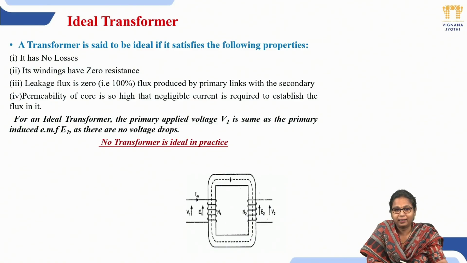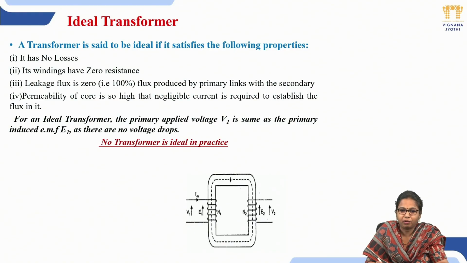But before dealing with the practical transformer, we'll start from the ideal transformer, how it looks and how to draw the ideal transformer under no load. For an ideal transformer, the primary voltage V1 is the same as the primary induced EMF E1, as there are no voltage drops.